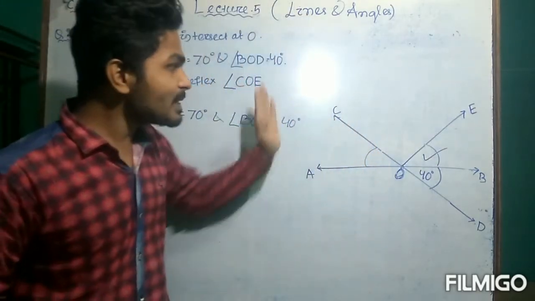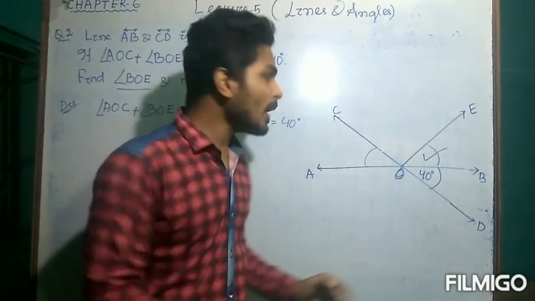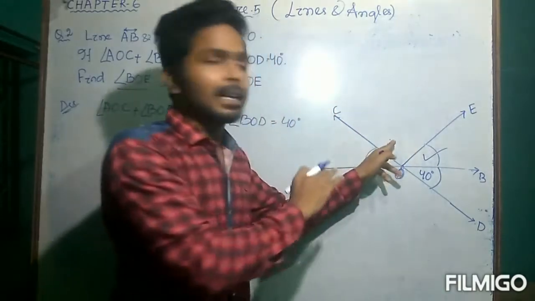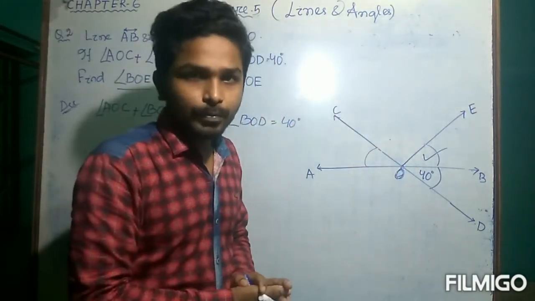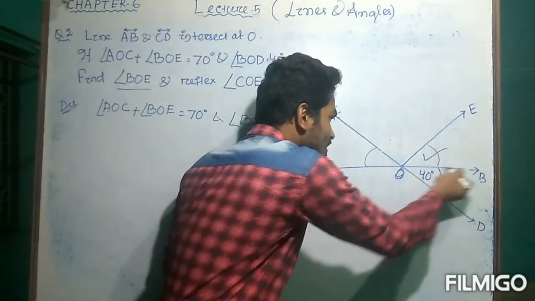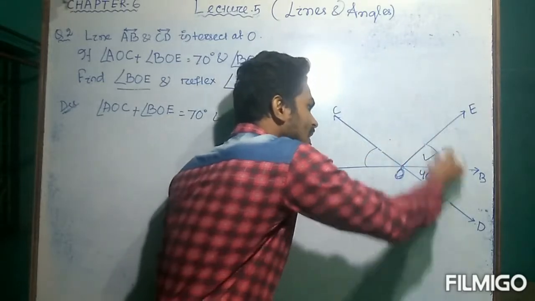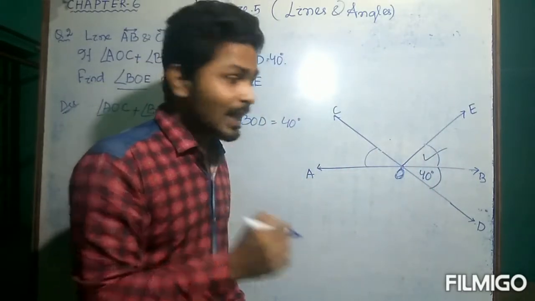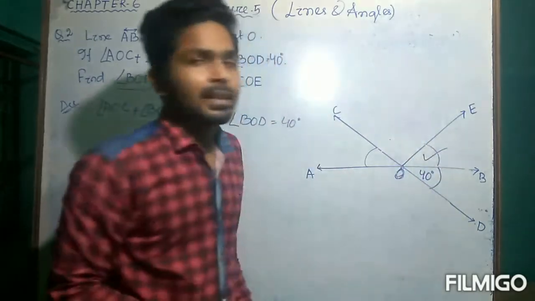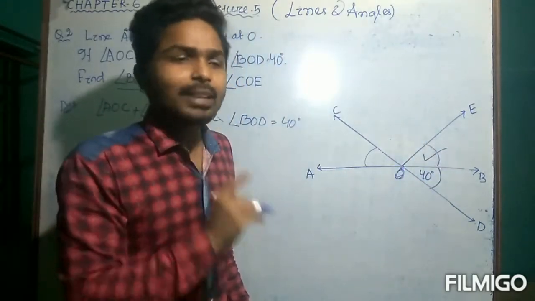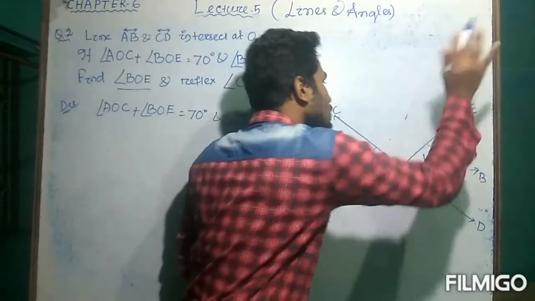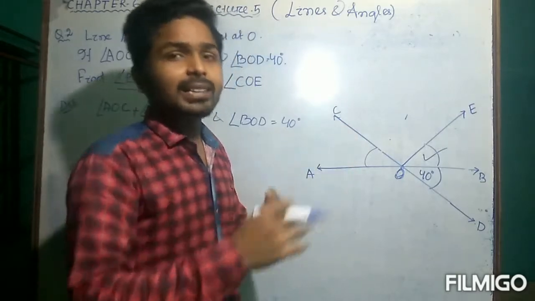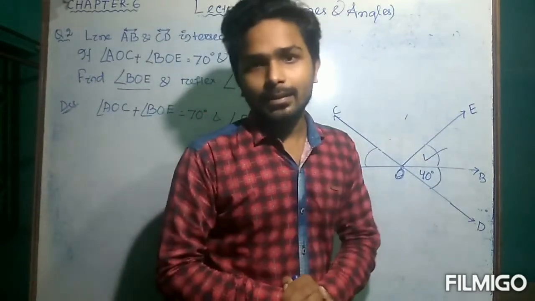Reflex means you have to exclude this angle. You have to remove this angle. As you know, the total angle around a point is equal to how much? 360 degrees. In question number 1, we have studied it, that the sum of all the angles is equal to 360 degrees. Now, reflex COE means you have to subtract this angle from the total angle.